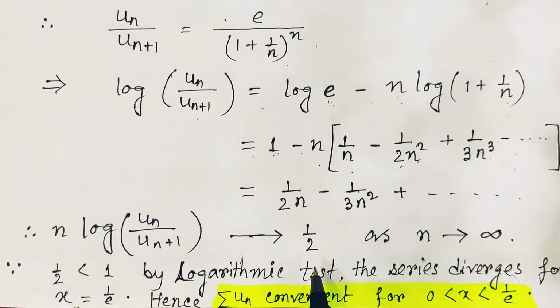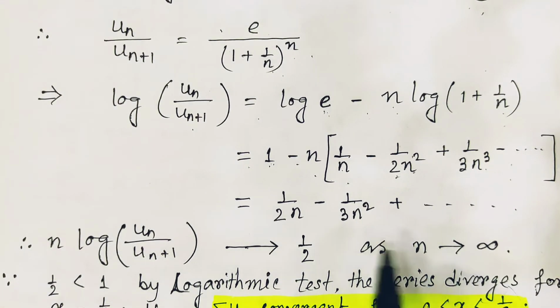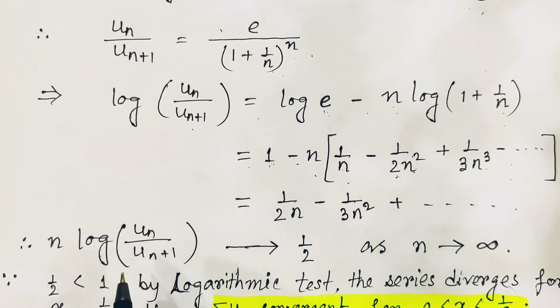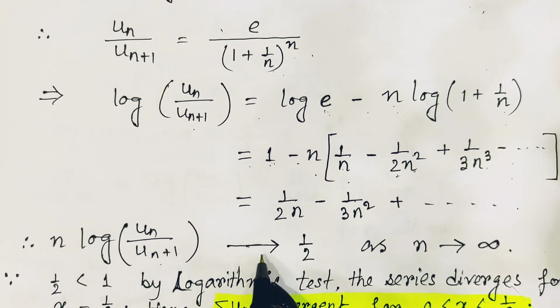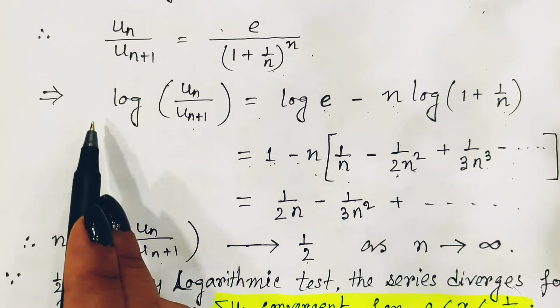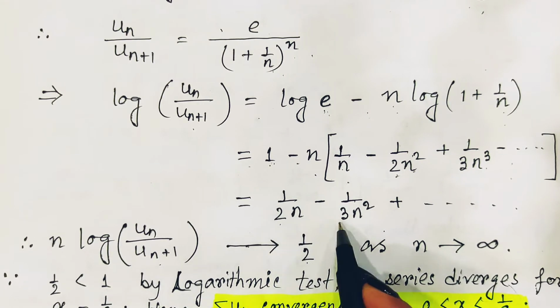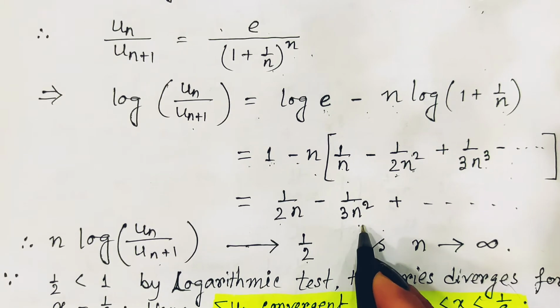So if we take the limit as n tends to infinity, then we will find that n log of un divided by un plus 1 tends to half. We just multiply n on both sides, so that we find the first term as 1 by 2, and whatever the rest of the terms are, they all involve n in the denominator.